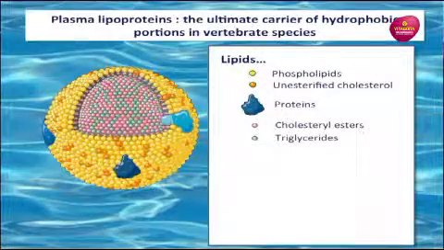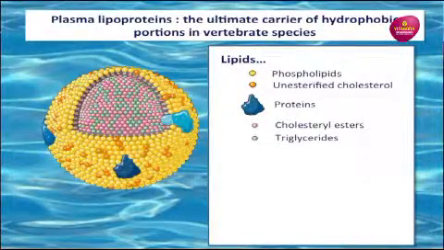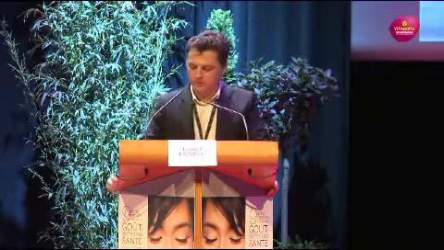Apolipoproteins are very important to consider. First, they can stabilize the overall lipoprotein structure. They can also modulate, activate, or inhibit lipolytic enzymes or lipid transfer proteins which interact at the lipoprotein surface. And last but not least, they can be specifically recognized by cellular receptors.